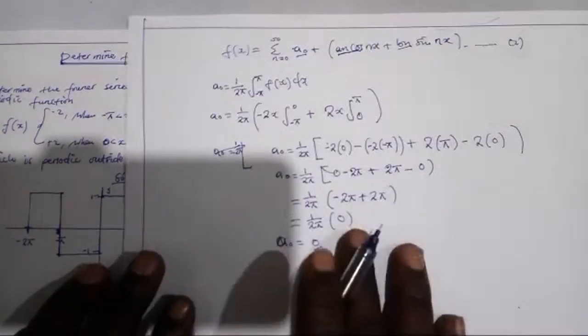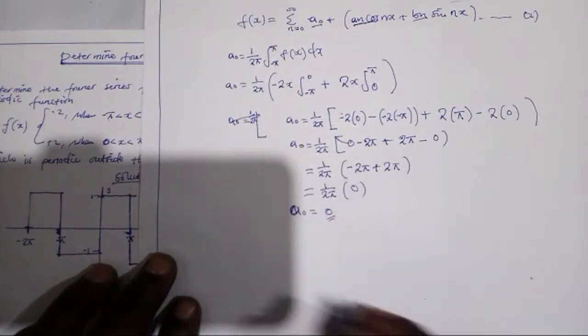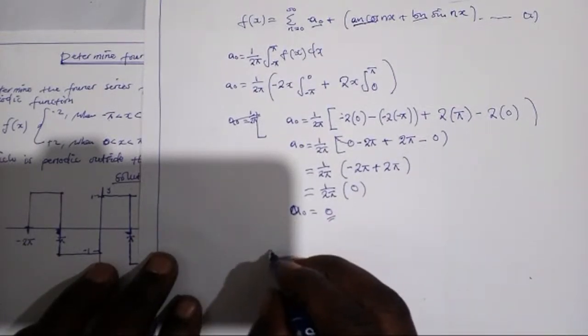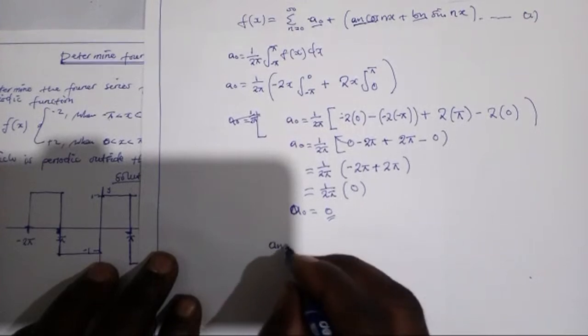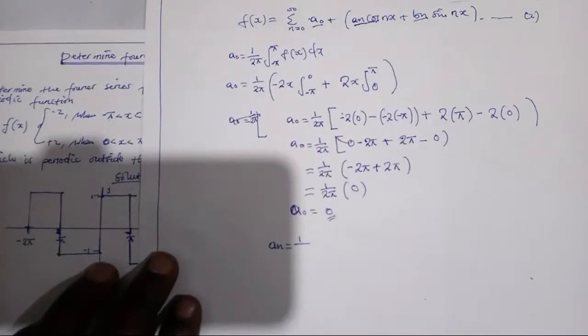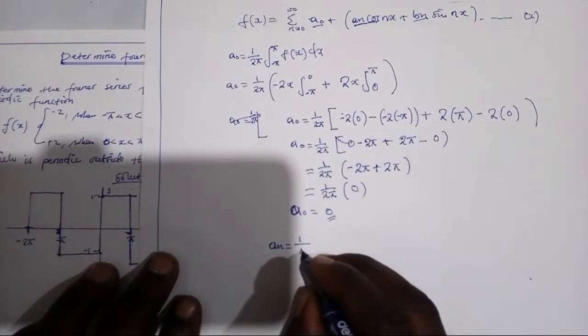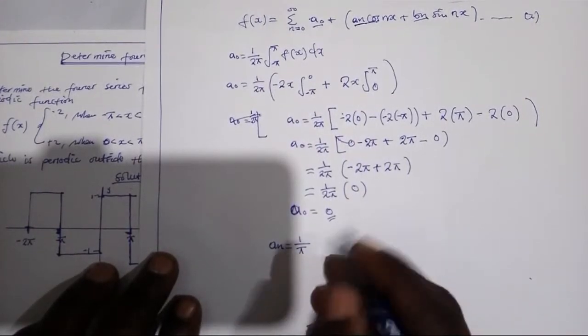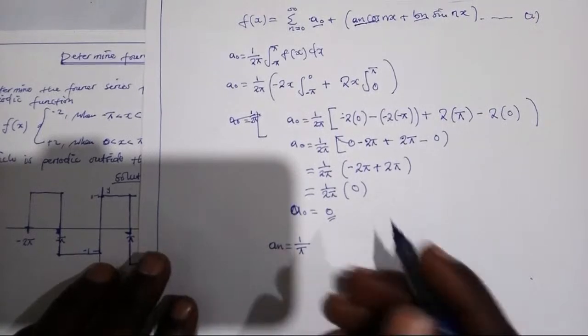So a sub n, we are going to say 1 over pi, okay? Now we are using pi, okay?